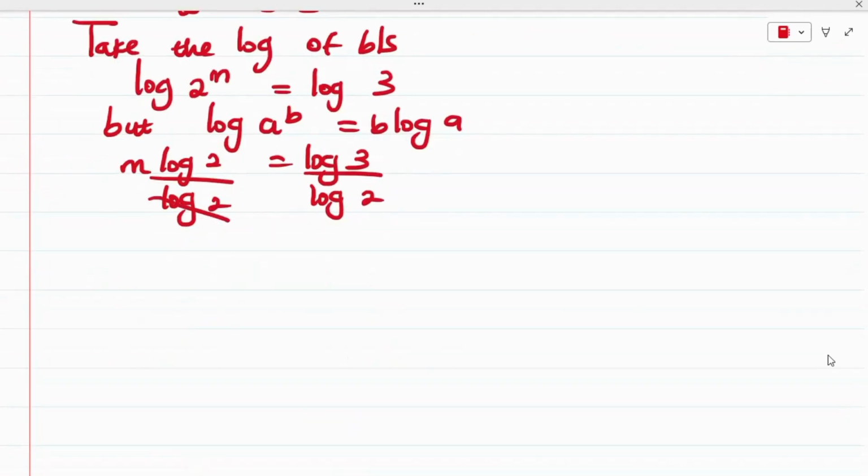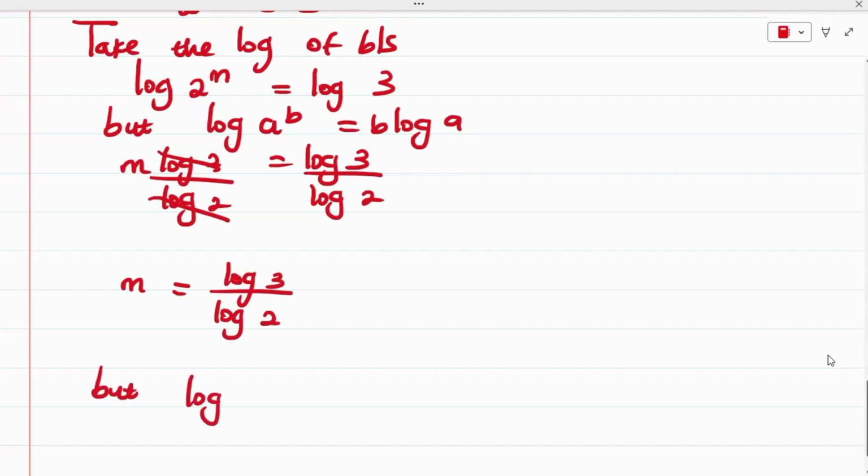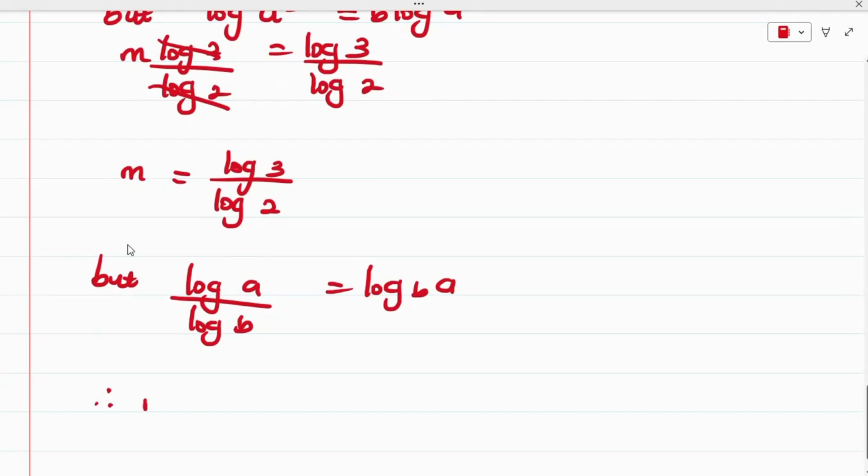We cancel this out, so m is equal to log 3 divided by log 2. But from logarithmic property, if we have log a divided by log b, this is equal to log a base b. Okay, so therefore we have that m is equal to log 3 base 2, and this becomes the final answer.